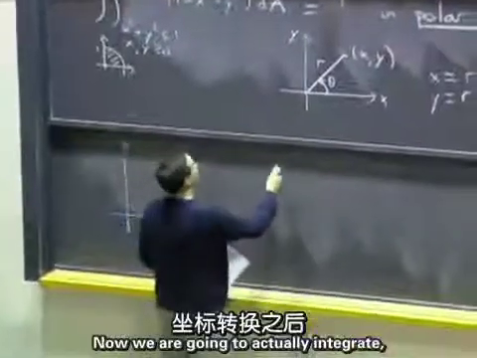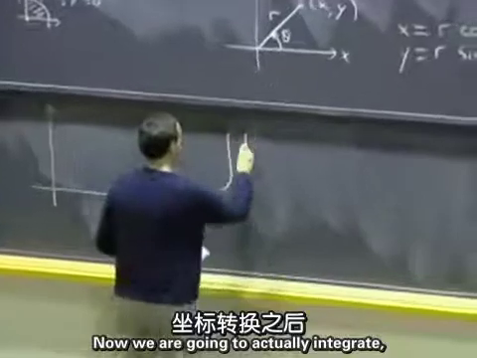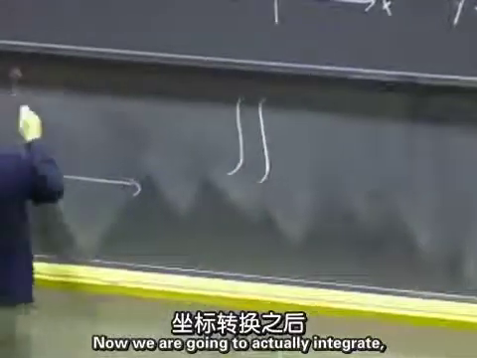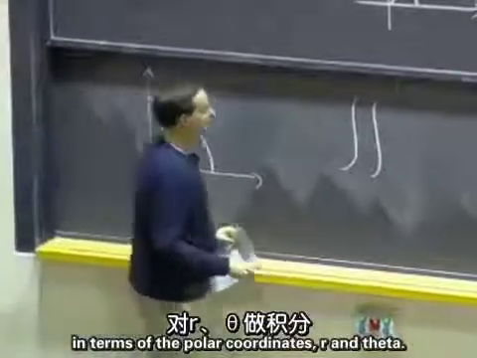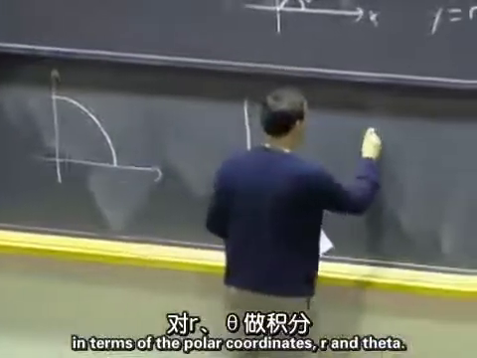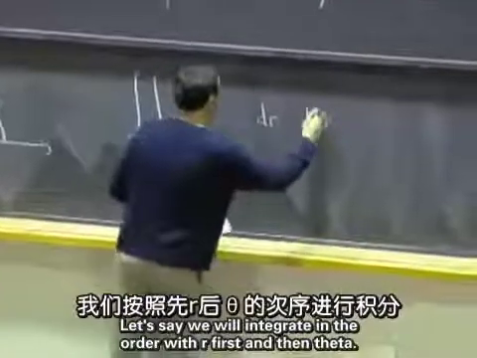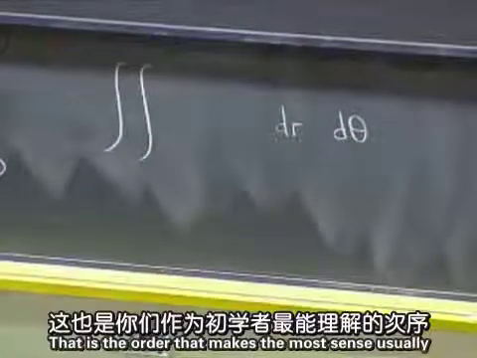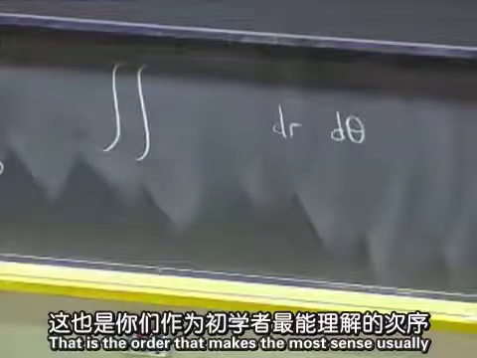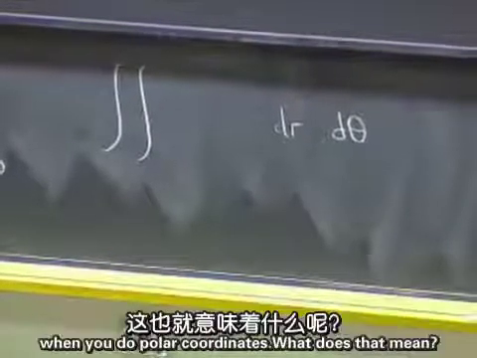So now we are going to integrate in terms of the polar coordinates, r and theta. So let's say we will integrate in the order, well, r first and then theta. That's the order that makes the most sense usually when you do polar coordinates.